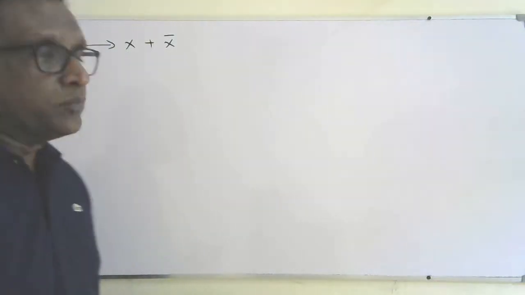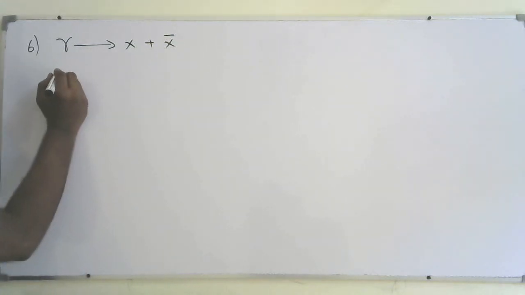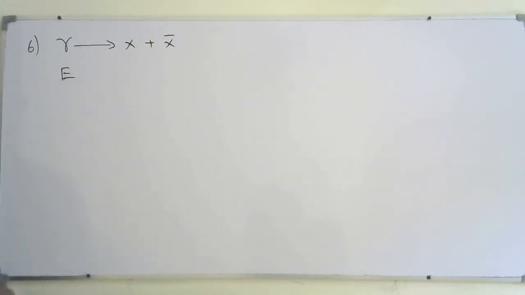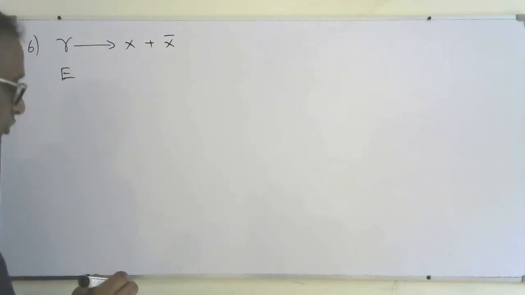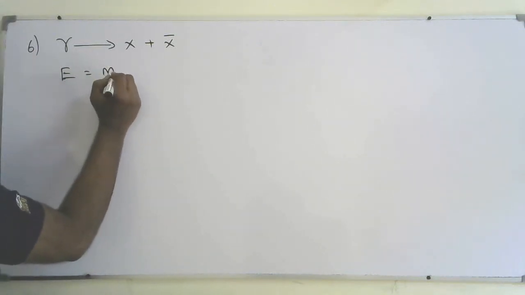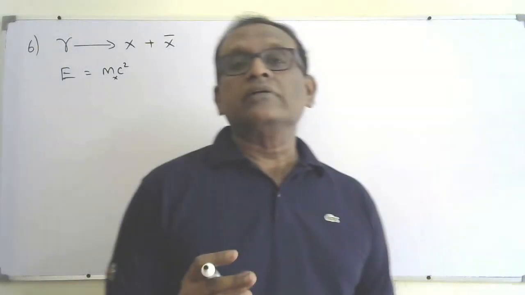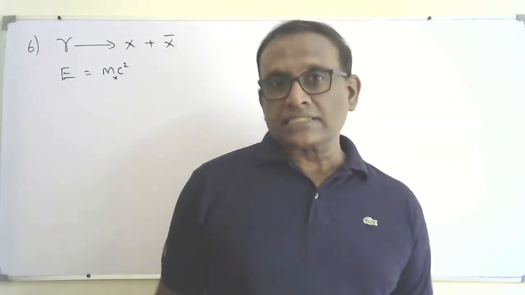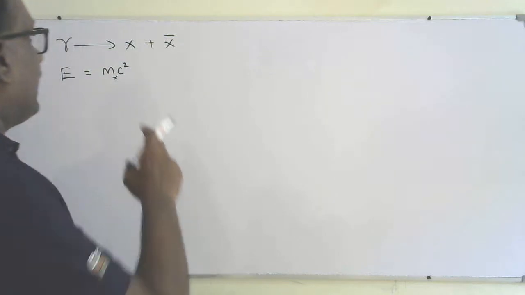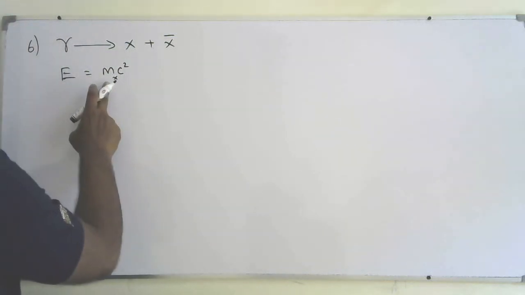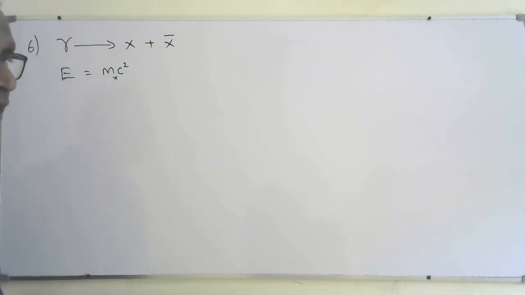So photon has no mass. Its energy, I can say energy of the photon, capital E, is equal to mass of X, its equivalent energy. So I'm going to equate the total mass energy. So particle X, its mass, mx into c square, is the equivalent energy of its mass.